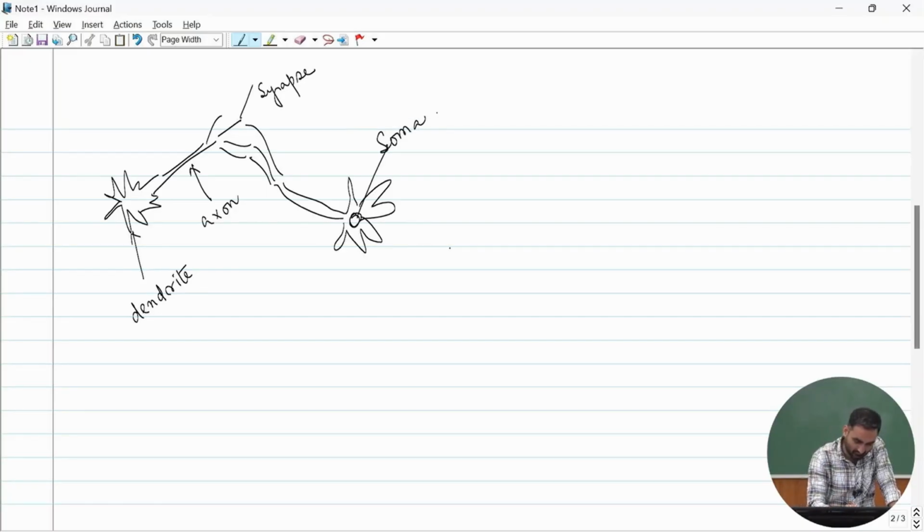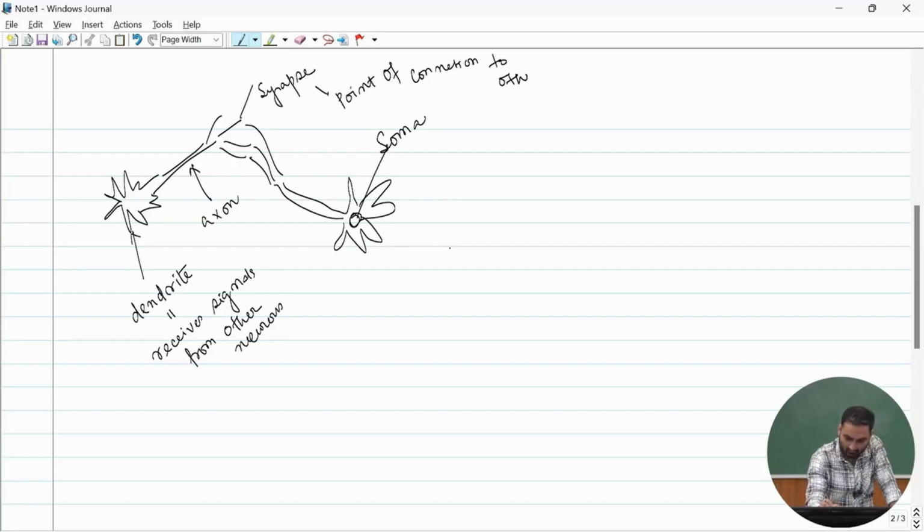So essentially the dendrites receive signals from other neurons, right? Synapses are the points of connection to other neurons, points of interaction.